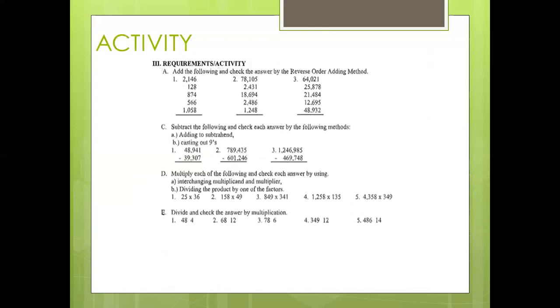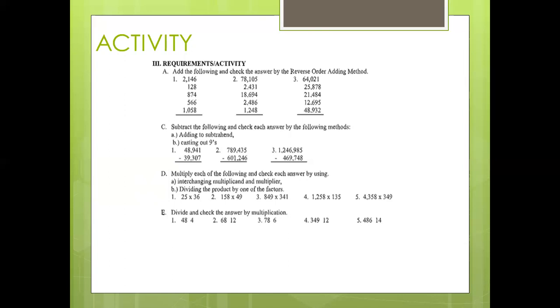So for our activity, in your handouts, you could see that we have letters A to E, and for A to E, I will just be requiring you to answer only number one of each letter. So for letter A, just answer number one. For letter B, just answer number one.